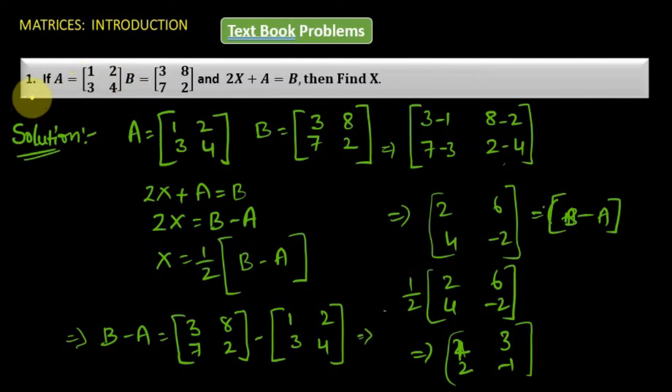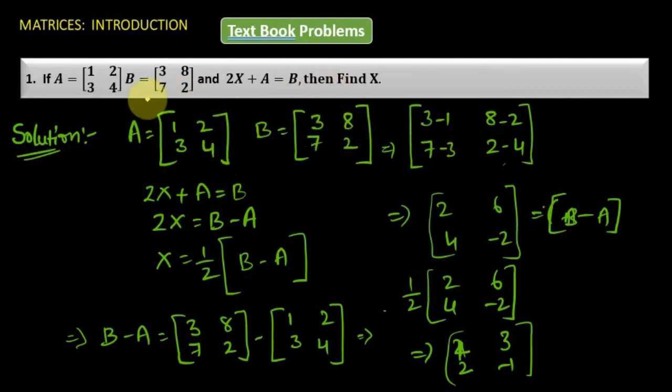First question: if matrix A equal to [1 2; 3 4], B equal to [3 8; 7 2], and 2X plus A is equal to B, then find X. Right? So how do we find the X matrix? If you observe, the given matrices are A and B, right?